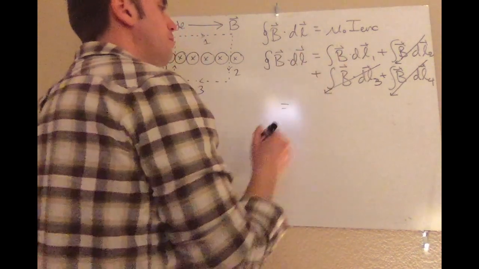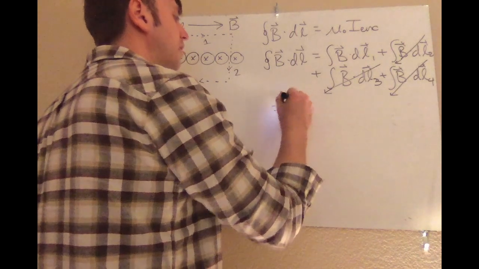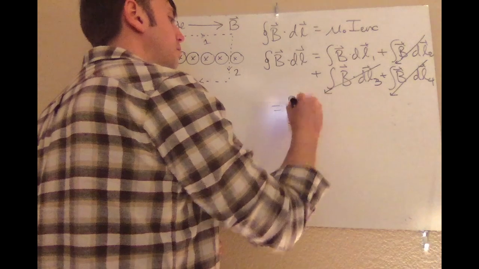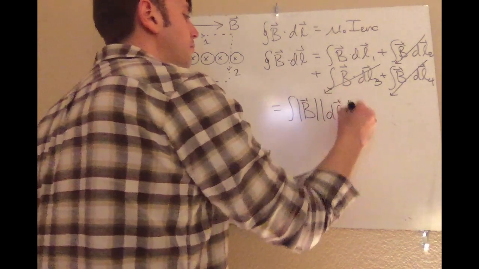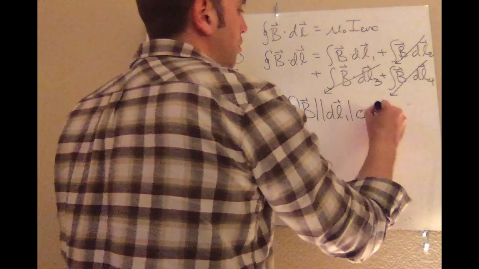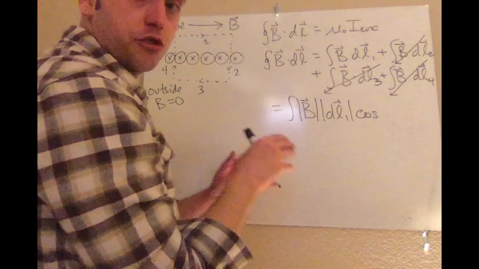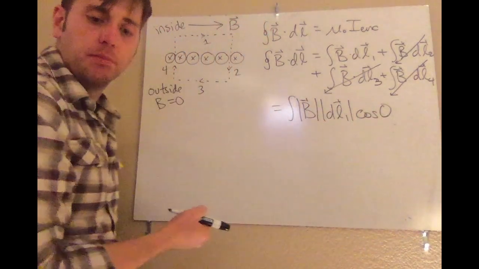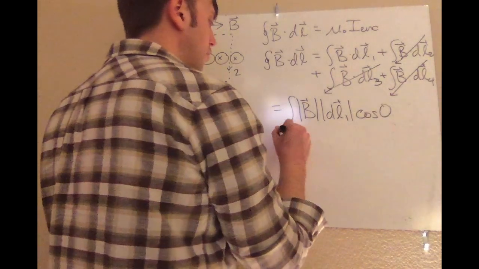B dot dl 1. Like any other dot product, the way we want to treat this is the magnitude of the first vector, B, times the magnitude of the second vector, dl 1, times the cosine of the angle between them. But notice how my path and my B field are both going straight to the right, so there's no angle, there's 0 degrees between them. And cosine of 0 is 1.